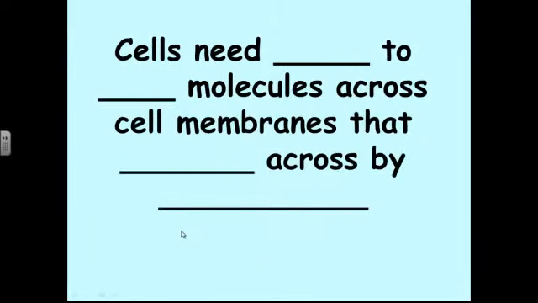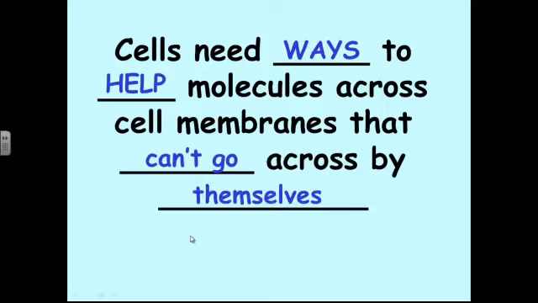And cells have ways to move molecules across the cell membrane, help them get across, that can't go across by themselves. We need some different kinds of transport besides just diffusion. And diffusion works in some cases, like the thing we talked about with the oxygen and carbon dioxide, but it doesn't work in all cases.